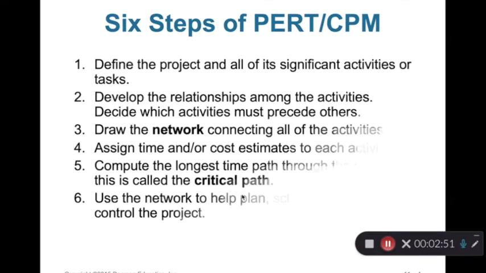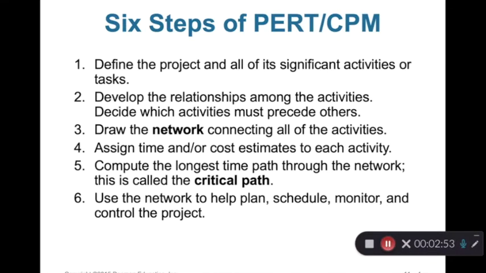We need to follow some steps for PERT and CPM. There are six steps here. One, define the project and all of its significant activities or tasks. Number two, develop the relationships among the activities. Decide which activities must precede others. Three, draw the network connecting all of the activities.